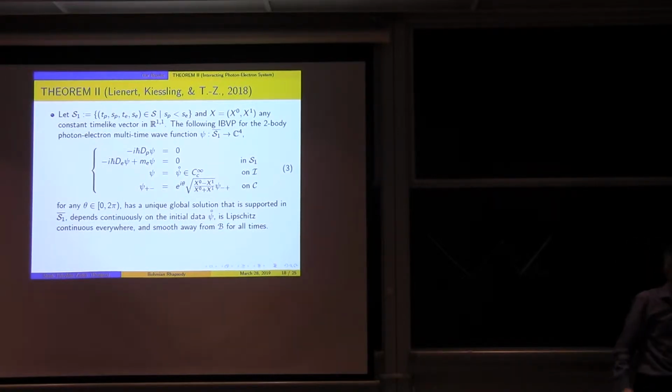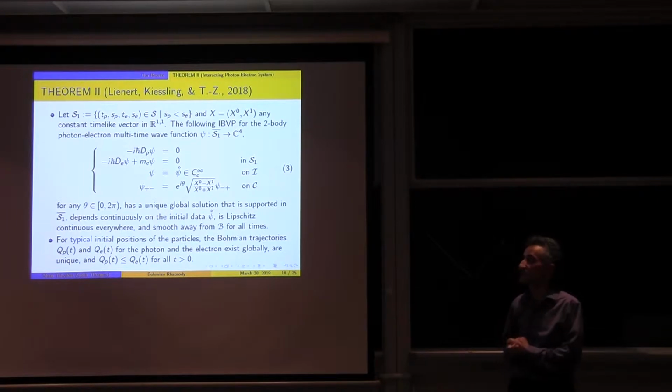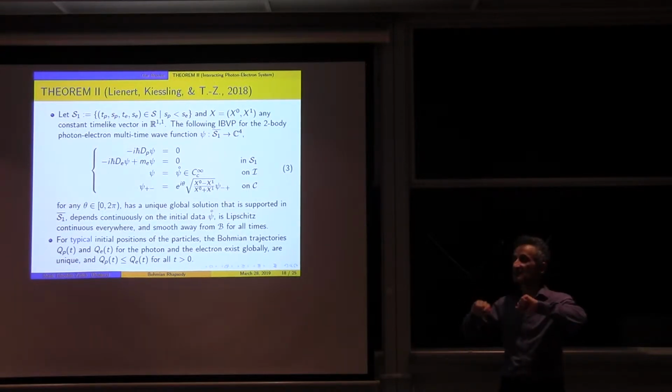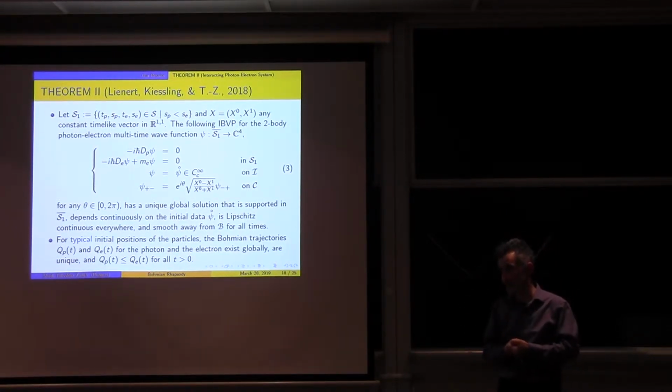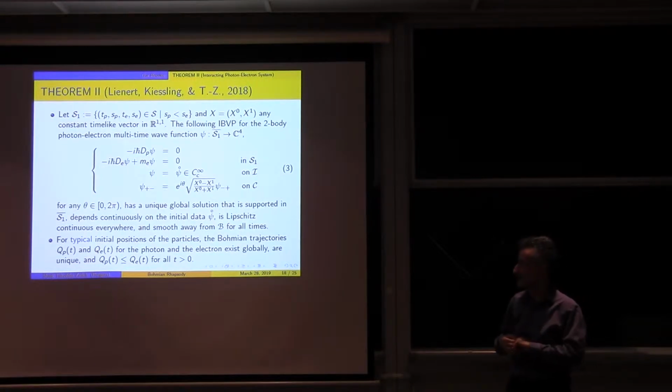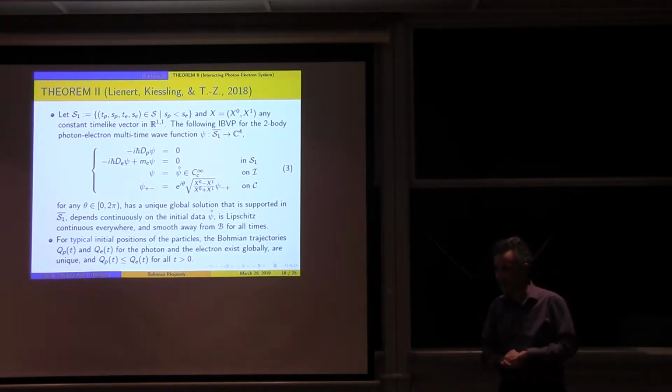Moreover, for typical positions of the particles, the Bohmian trajectories: after you find the wave function, then you can stick it into the guiding equation and find the trajectories for these two particles. It is not very difficult to show that these trajectories exist globally, uniquely, and in such a way that the photon does not go through the electron, always staying on the same side.